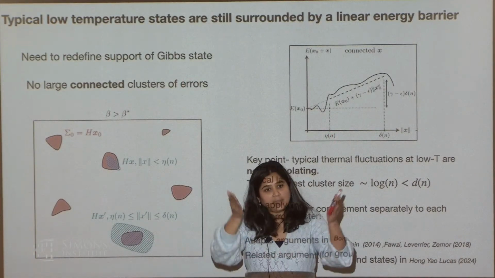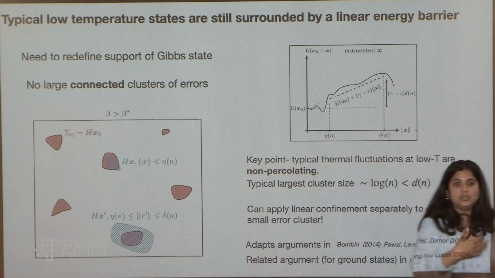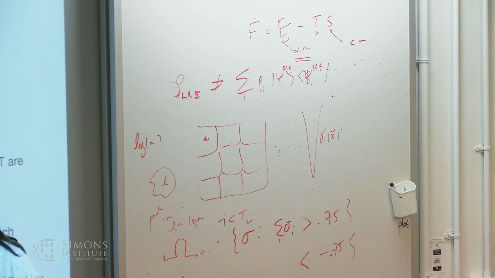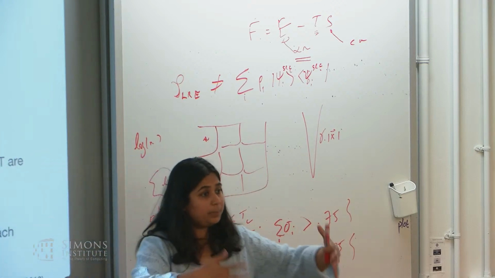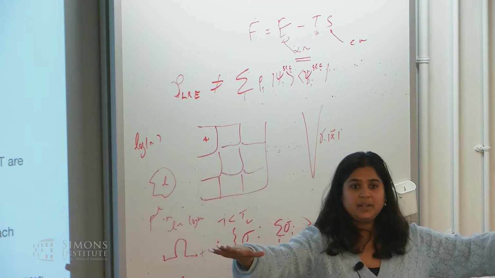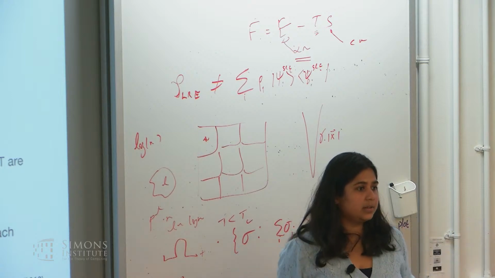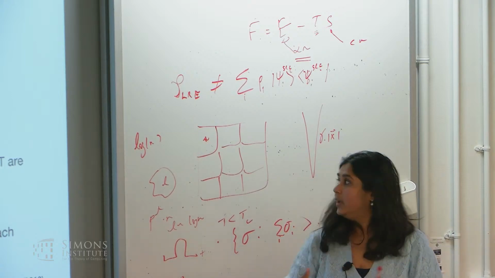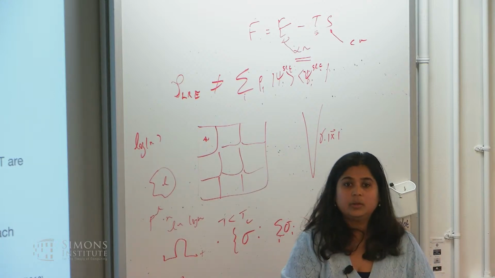So I can independently apply the linear barrier to these patches, because these patches are only log n, and my linear barrier extends out to square root of n. Typical thermal fluctuations flip an extensive number of spins, but do so in a way that the spins are all in disconnected patches, and that's why I typically have an extensive barrier when I consider these things.